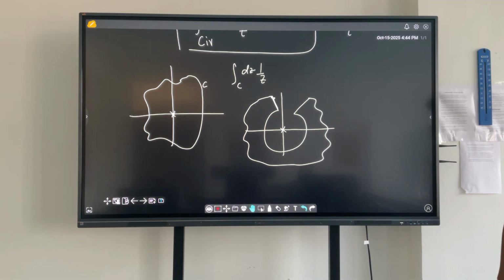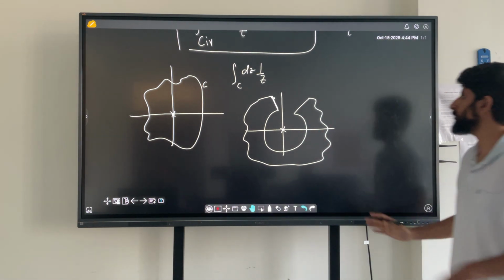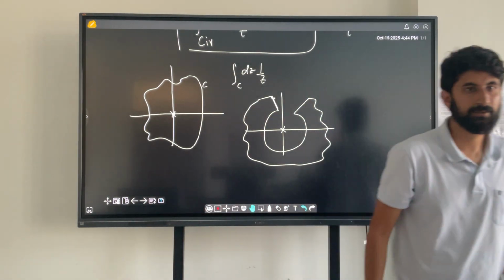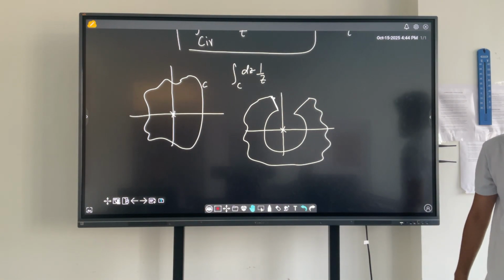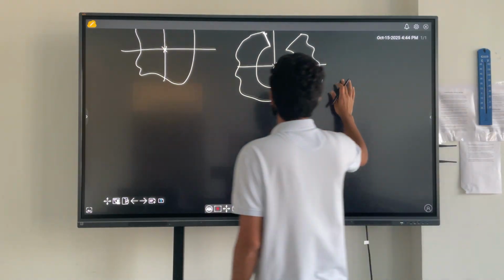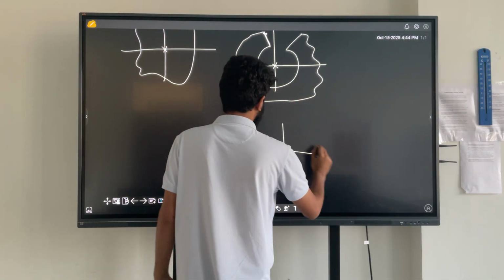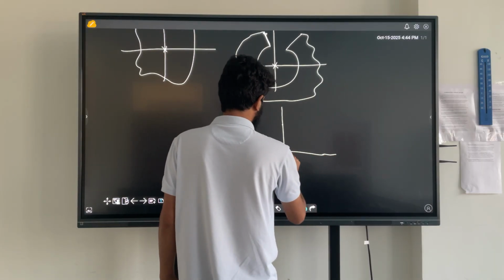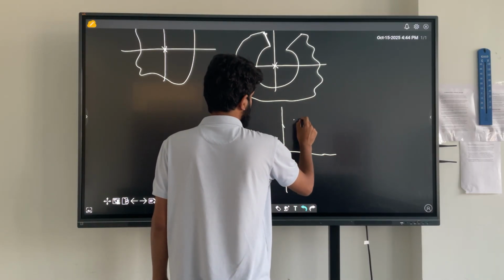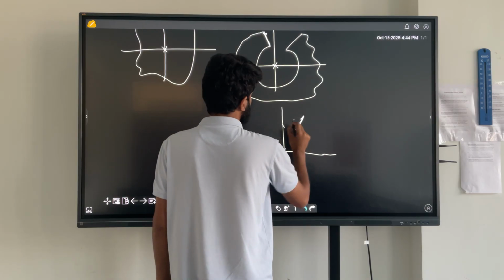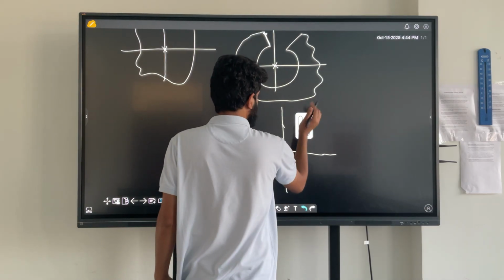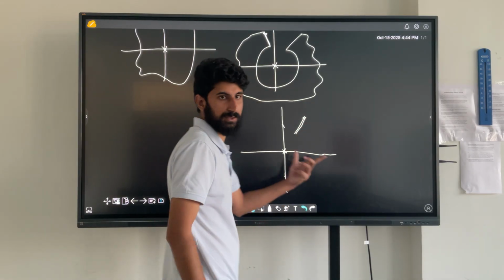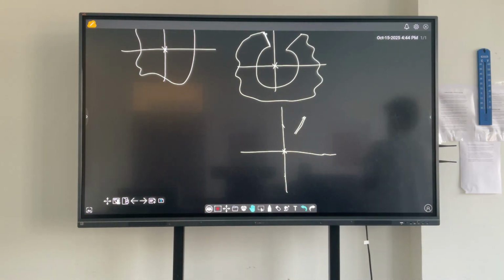What if I slowly move these lines like this? What do I get? So I now consider a loop like this. L1 is in here. A line like this, and the second line arbitrarily close to it. They are so close that they are almost on top of each other.